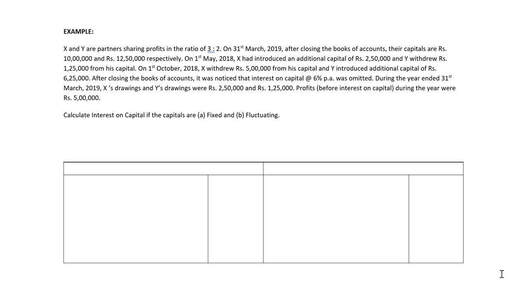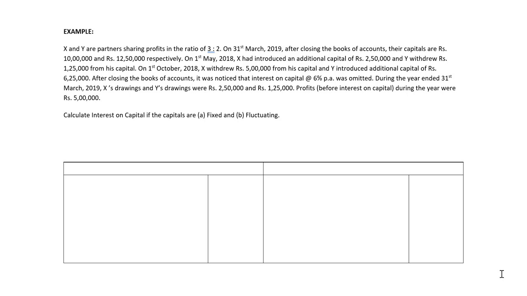On 1st October 2018, X withdrew rupees 5 lakh from his capital and Y introduced additional capital of rupees 6 lakh 25,000. After closing the books of accounts, it was noticed that the interest on capital at 6% per annum was omitted.